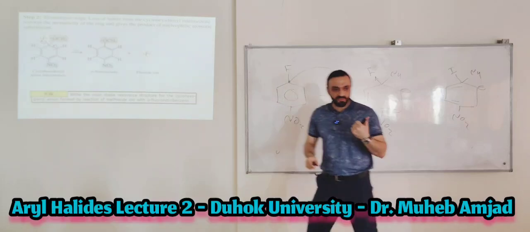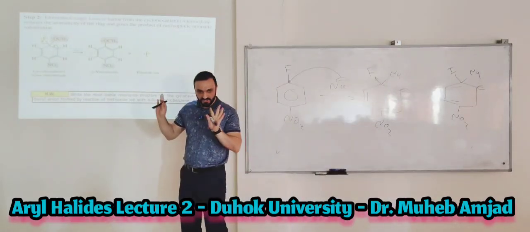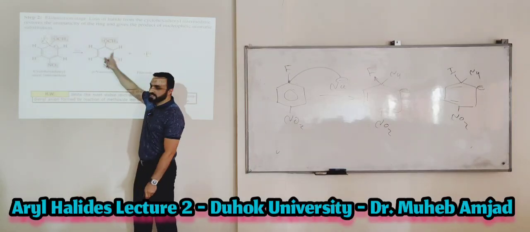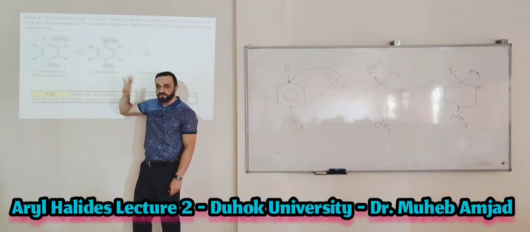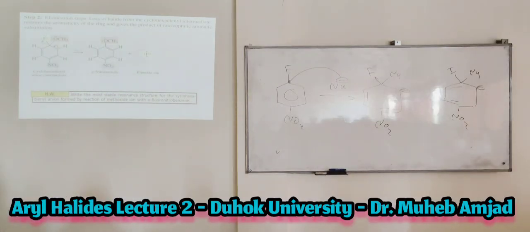In the first step, your aromatic system is lost. Here there is no aromatic system, but your aromatic system will come back again. It will be formed again. So in this step, the aromaticity of the ring is formed again to give you the product.